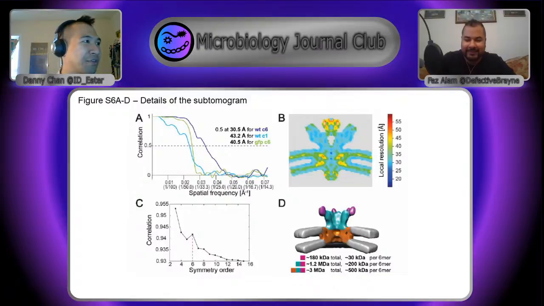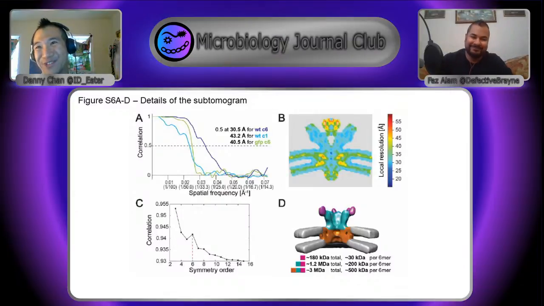What they're doing here, C1, is wild type C6 in A and wild type C1. That is the assumption of six-fold symmetry. That's because we've seen pores in different circumstances, and a human who looked at these images said, this pore looks like it might have six-fold symmetry.